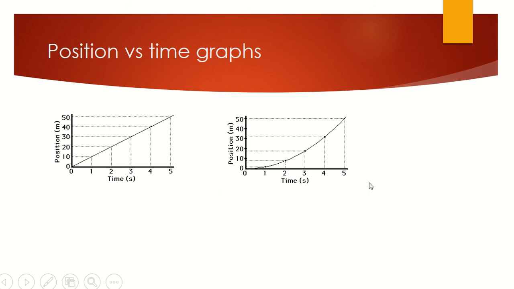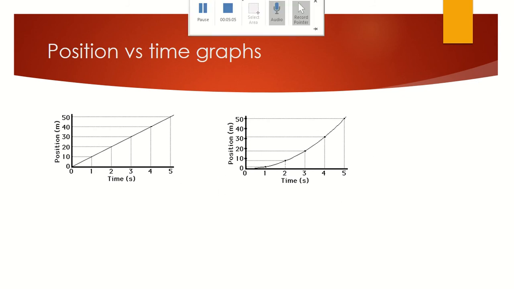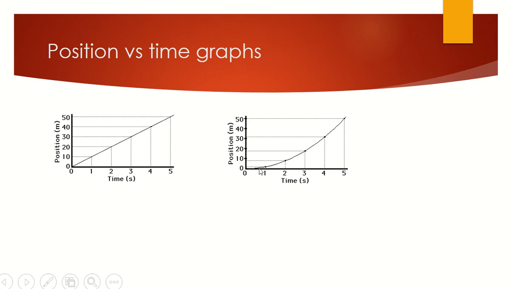Now in this second graph, we have a line that is curved. From 0 to 1 seconds, the object's only being displaced maybe a couple meters to the right, and then as another second elapses, maybe another 5 or 6, and then maybe another 10, and then maybe another 13, 14, and so on and so forth. So our displacement over time is actually increasing.